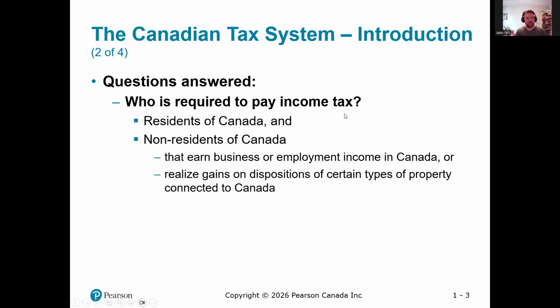So who is required to pay is residents and non-residents of Canada. If you are a resident of Canada, you live here in Canada, or you can live elsewhere if you are still a representative of Canada, or if your major ties, your family, your bank account, your main place of work is still in Canada.